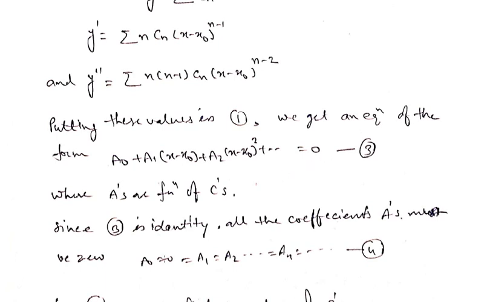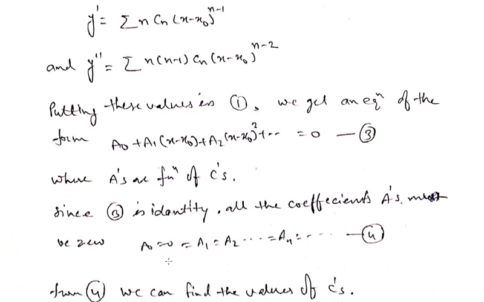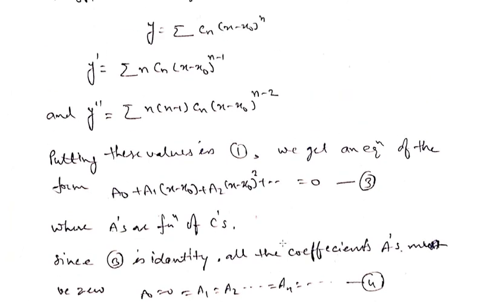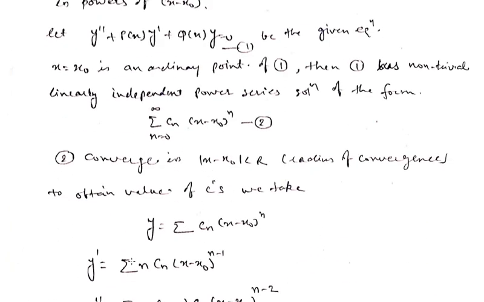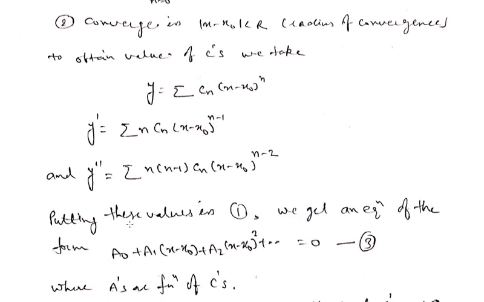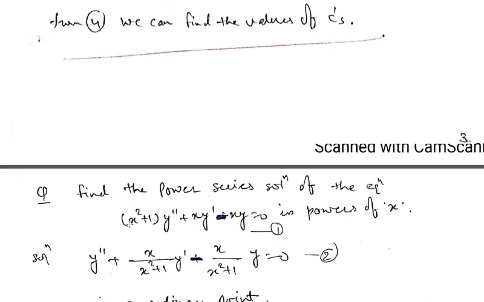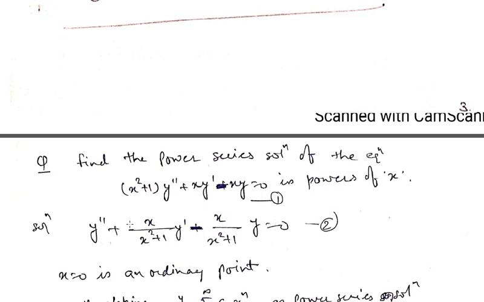So we get a naught equals 0, a1 equals 0, a2 equals 0, and from these relations we can obtain the values of c, as the a's are functions of c. Finally we put the values of c in the power series solution which we assumed. In this way we obtain a power series solution in the case when x naught is an ordinary point.